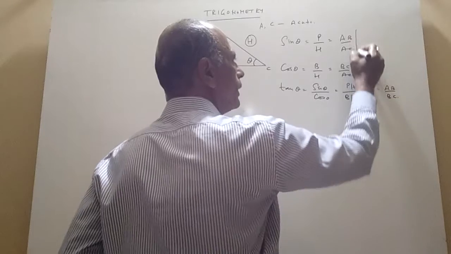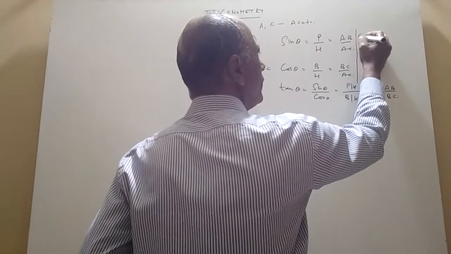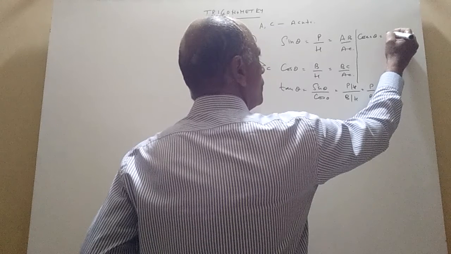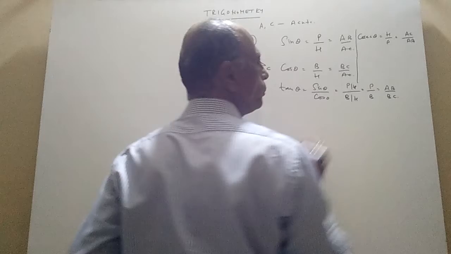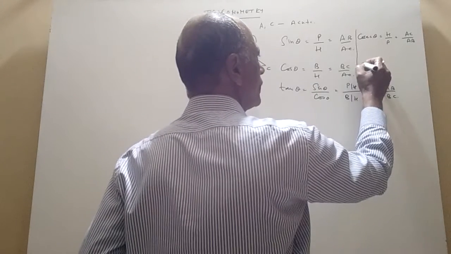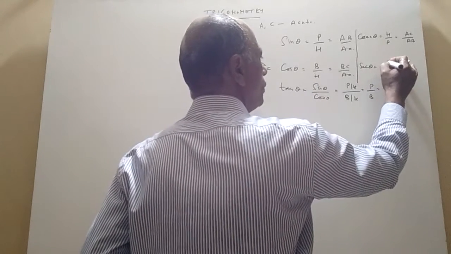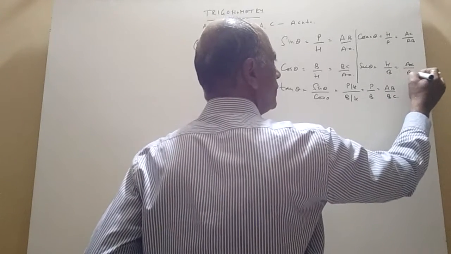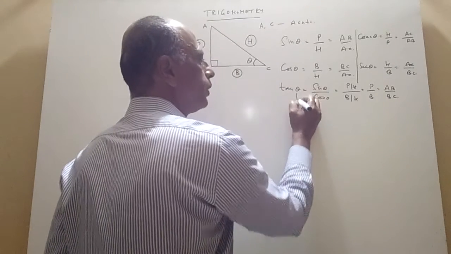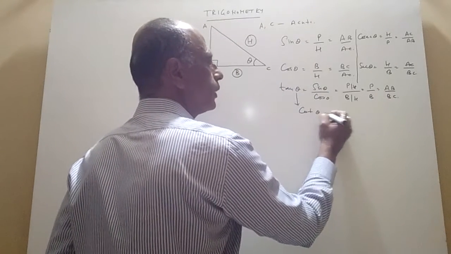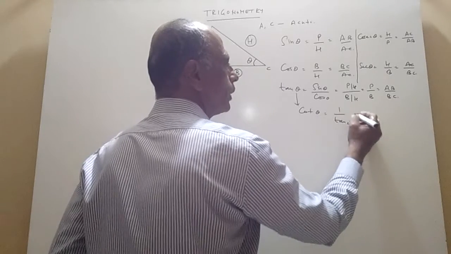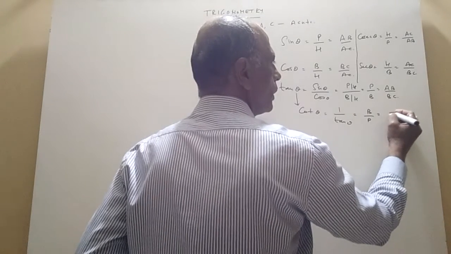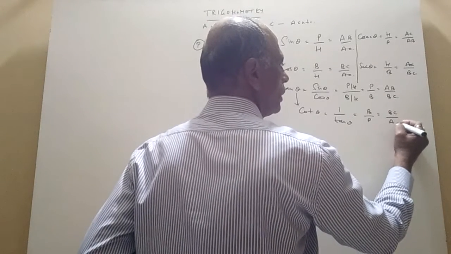The reciprocal of sin theta is cosecant theta, which will become H by P and will become AC upon AB. The reciprocal of cos theta is secant theta, which will become H upon B and will become AC upon BC. And the reciprocal of tan theta is cot theta, 1 upon tan theta, which will become P upon B will become B upon P and will become BC upon AB.